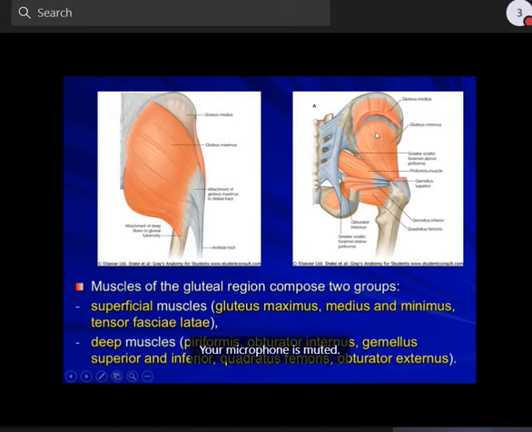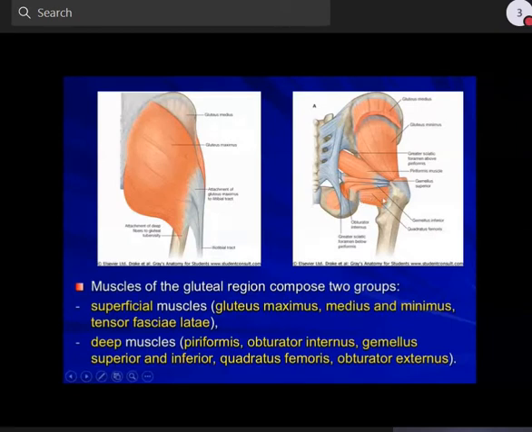Gluteus medius, minimus, and piriformis insert on the trochanter major, and so abduct the hip. All remaining muscles adduct the hip. So gemellus superior, obturator internus, and gemellus inferior, all three, insert in the trochanteric fossa, as does the obturator externus as well.